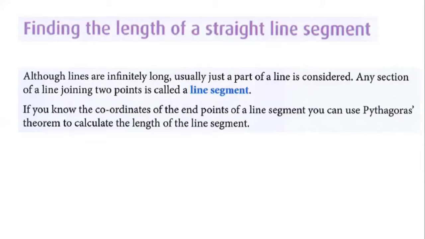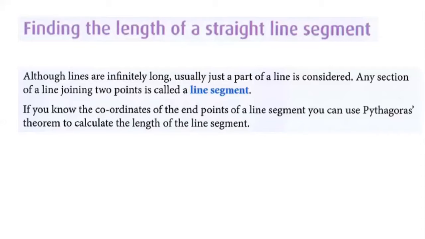It is easy. Actually, you know that lines are infinitely long, but usually we deal with only one part of them. And when we are asked to find the length, it means finding the length of the part of the line. That is the line segment. So you are starting from a point and you are ending at another point.